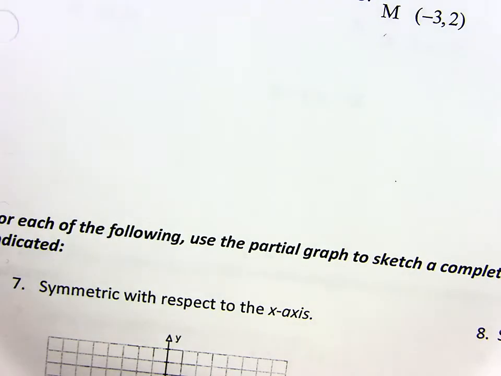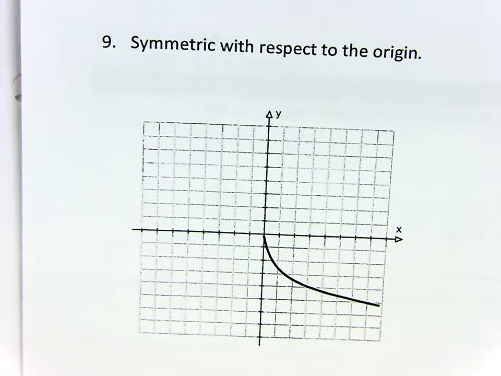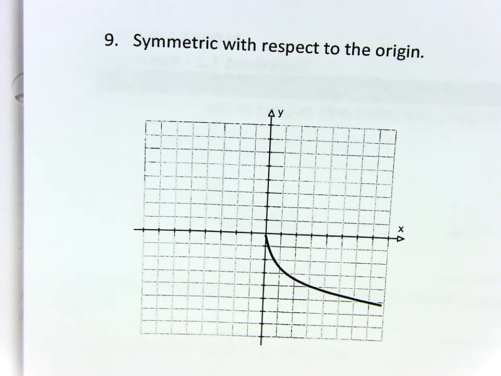Okay, on the back, let's try one that has this with respect to the origin. So I'm looking at number 9. Go ahead and graph what you think that would look like. Remember, you're imagining that you're folding it twice, over the x and over the y.